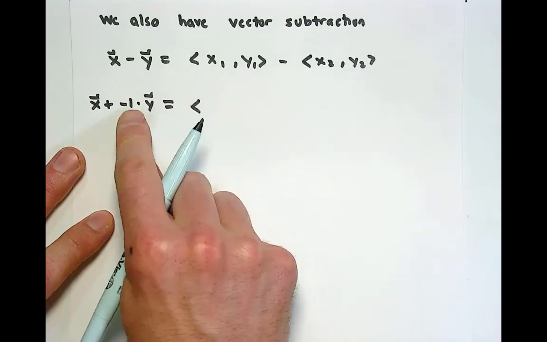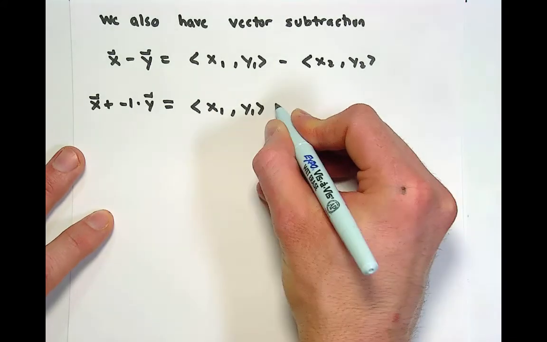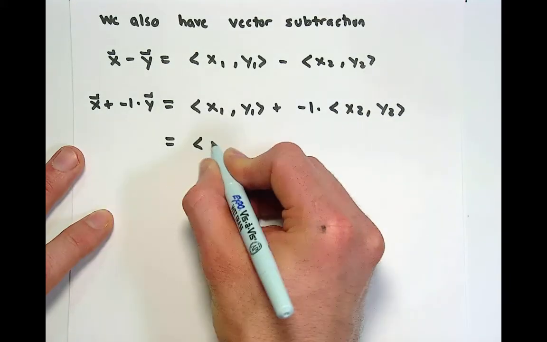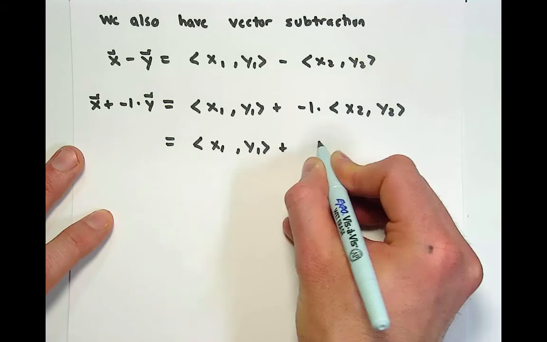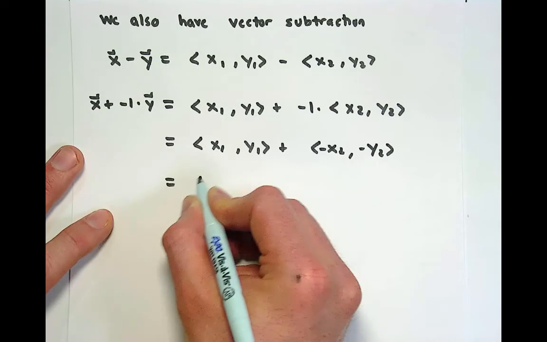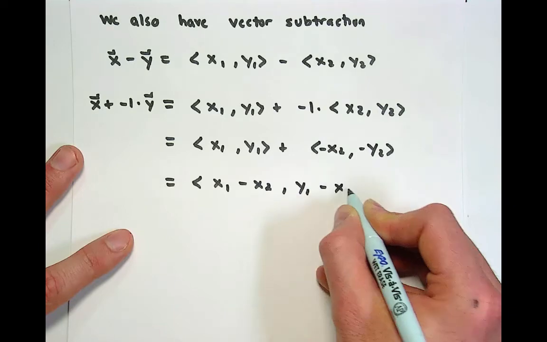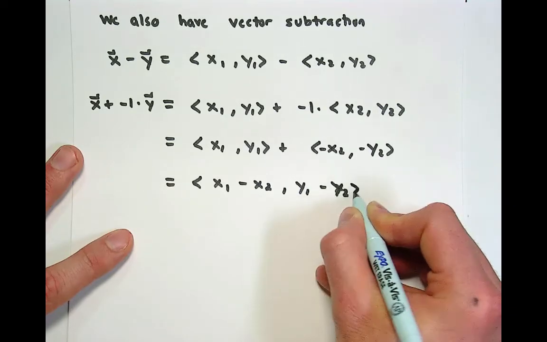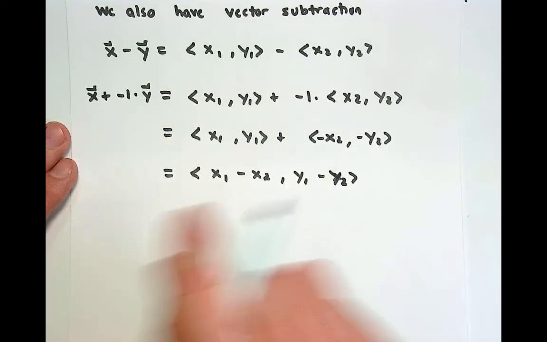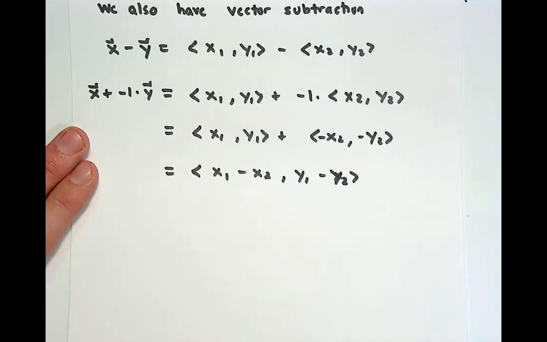So if you have vector addition and scalar multiplication, you get subtraction for free, because this would be (x1, y1) plus negative 1 times (x2, y2), which of course is (x1, y1) plus (negative x2, negative y2), which is (x1 minus x2, y1 minus y2). When I add those two together, I get this third one, right? And you can look at vector subtraction geometrically.